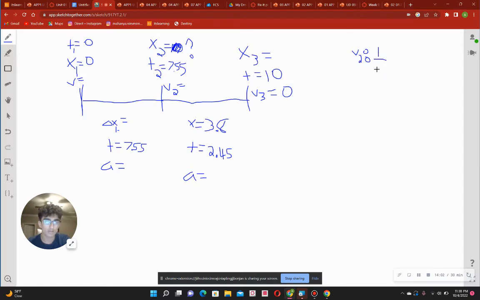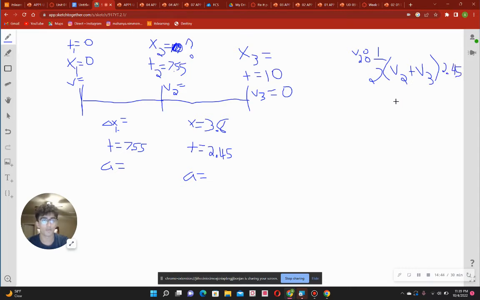I guess what we're doing in this specific scenario is we're doing 1/2 V2 plus V3. This is kind of acting as our initial velocity because we're looking at this section. And then we do the change in time over here. So time from 2 to 3, which is 2.45.